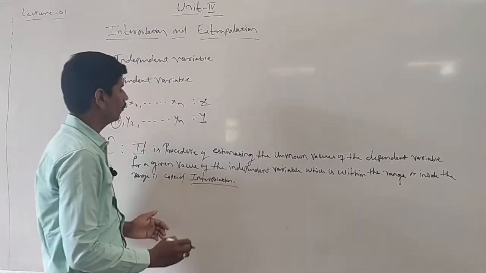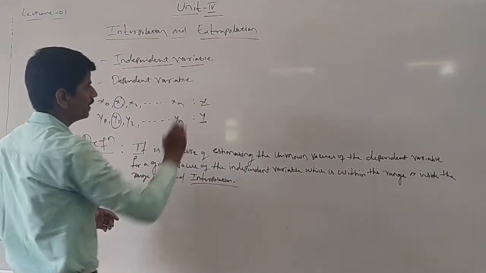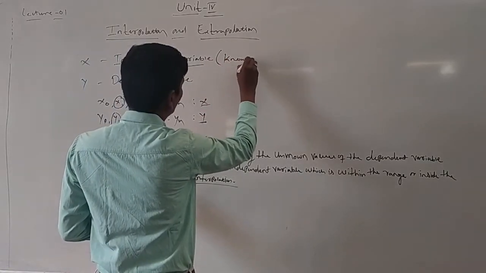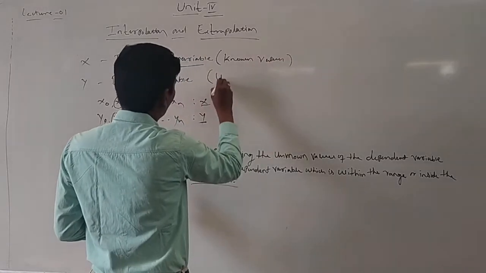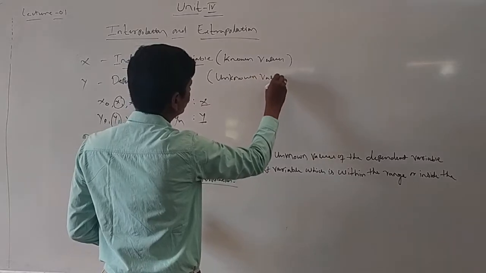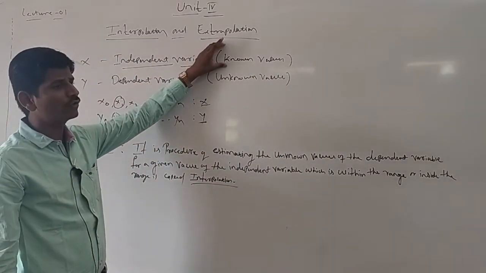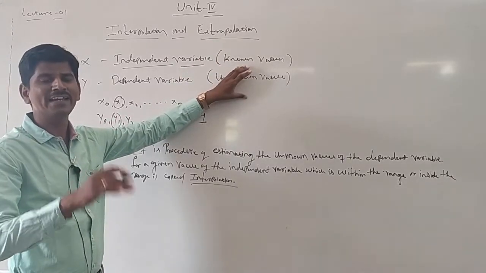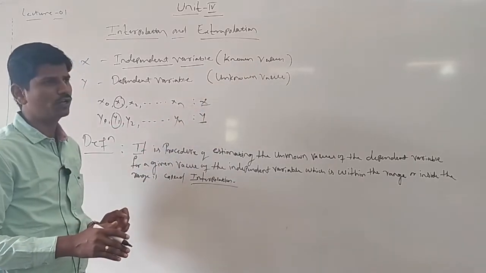Here x is the independent variable. Independent variable means known values. Here x is said to be the known values and y is said to be the unknown values. With the help of known values we can find the unknown values which are inside the range; this is called interpolation.